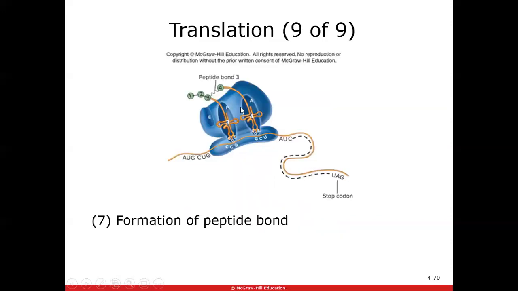And then it just continues on. It forms a peptide bond, and now you have a sequence of 4 amino acids. This transfer RNA will leave. This whole ribosome will move along the messenger RNA.